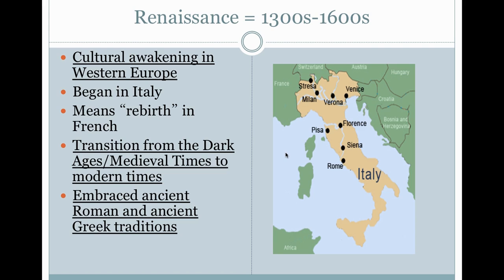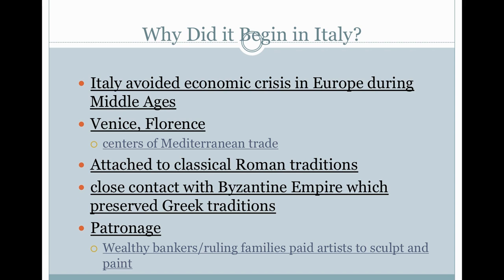It's also a transition from the Dark Ages to the later Middle Ages, right? So remember, the Middle Ages was divided into periods, the early and late. During the late Middle Ages, you're going to see more innovation, more cultural advances, and the Renaissance is part of that.